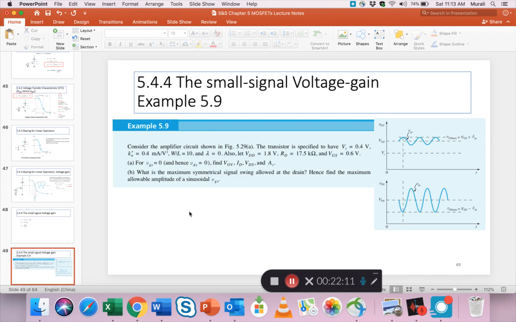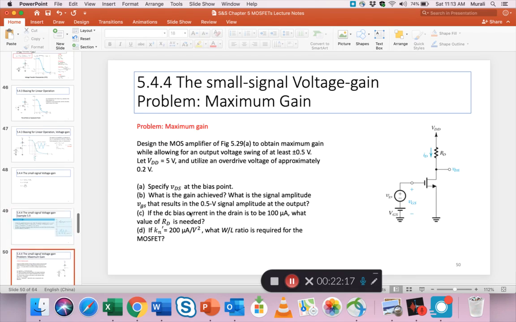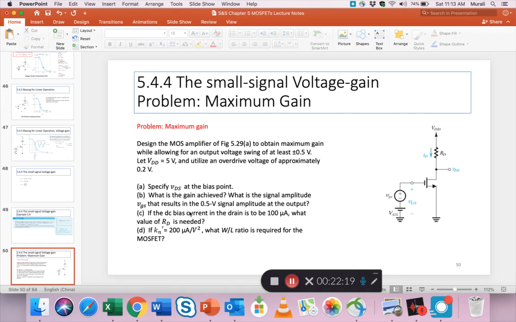What can be the magnitude of the signal? So we'll come back and do this in a little bit. Another problem on what is the maximum gain, same thing. You don't want to run into nonlinearity. You want to stay in the saturation region for MOS type circuits. So that's another problem.